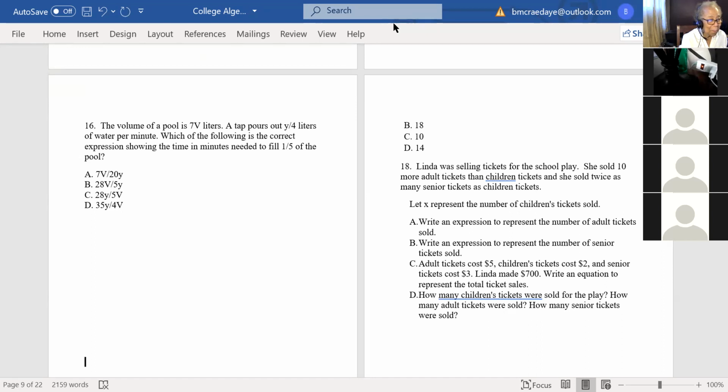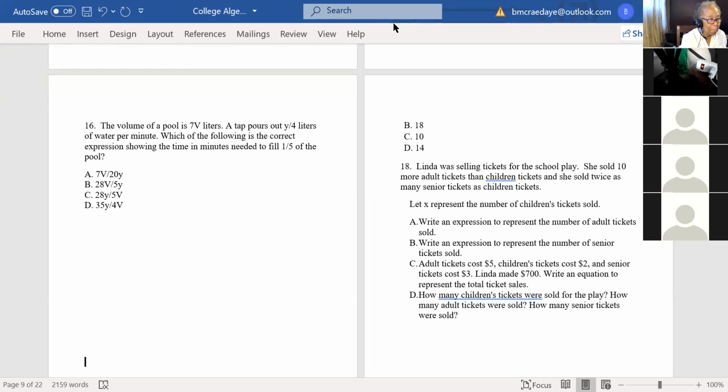The volume of a pool is 7 liters. Y over 4 liters per minute, right?